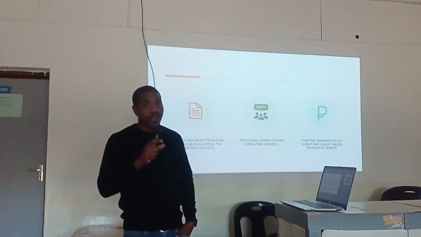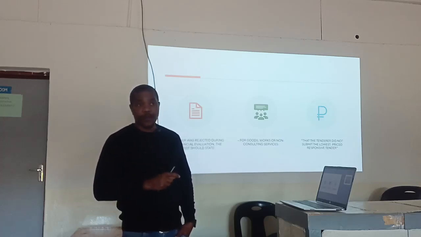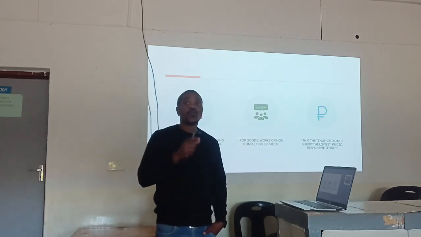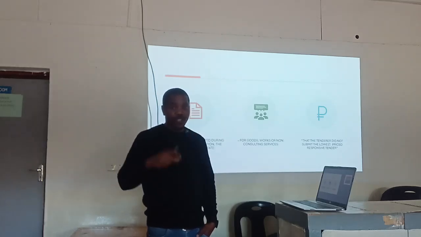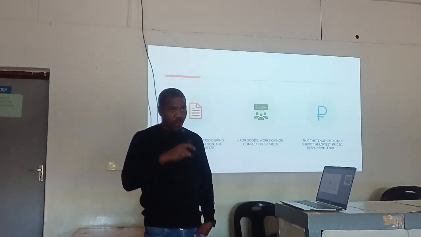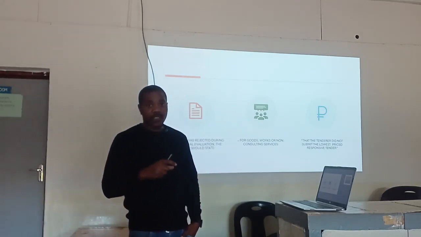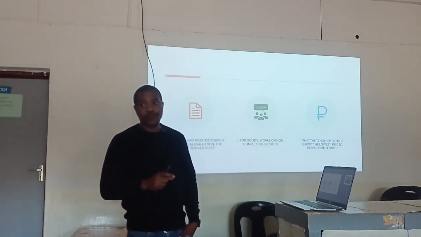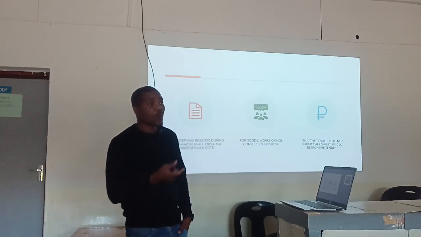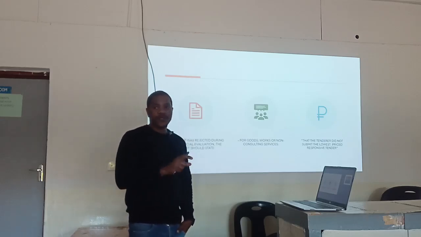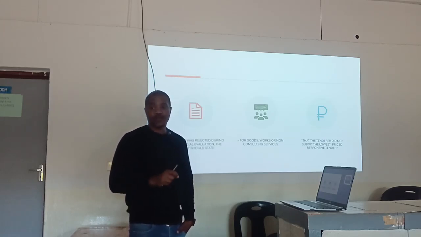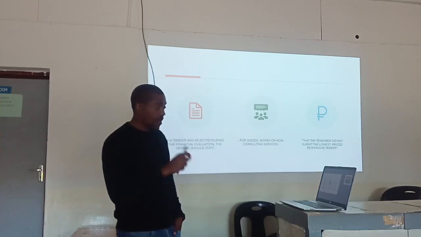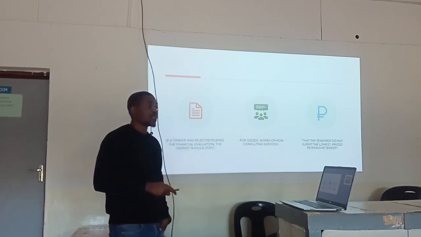You need to have justifications. It's not always that you will go for the lowest evaluated tender. The post qualification will determine whether you're going to stick with the lowest evaluated tender or not. But if you are going for the other tender which is expensive, then you have to ensure that there is a justification, and that justification comes from the post qualification.